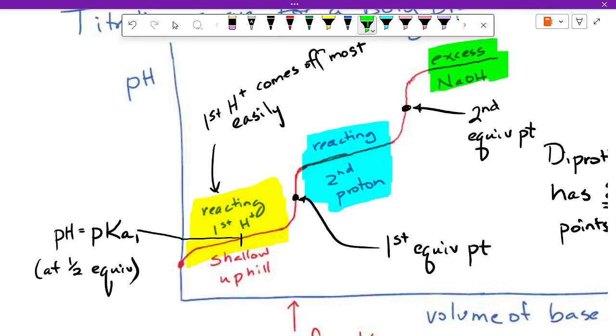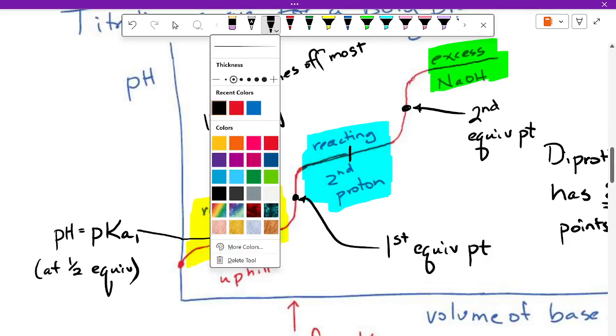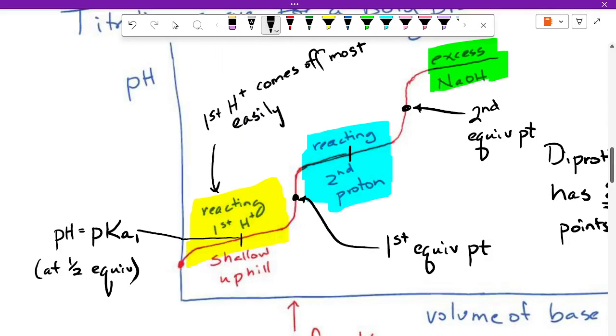And at our half equivalence point here, this pH equals pKa2. So that would be like the second hydrogen ion coming off.